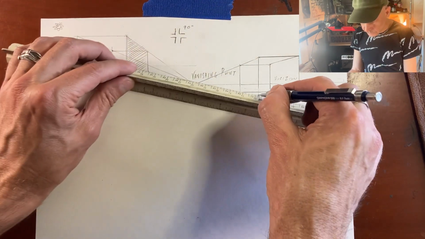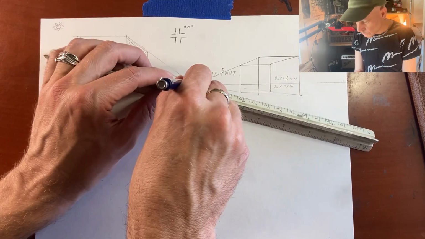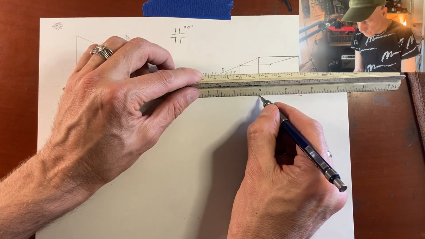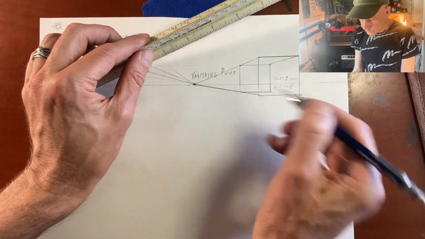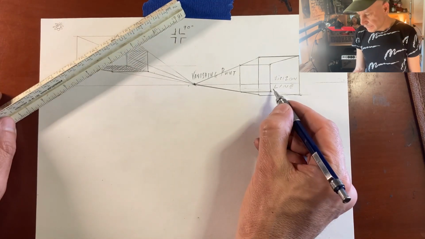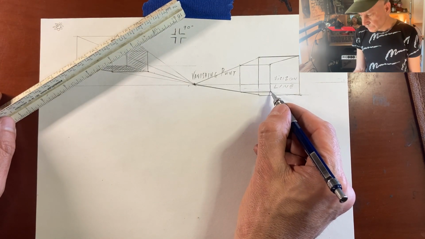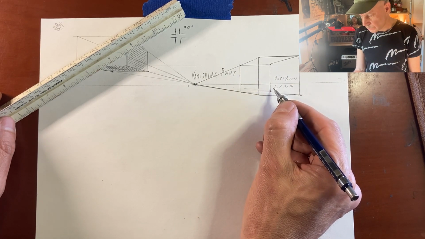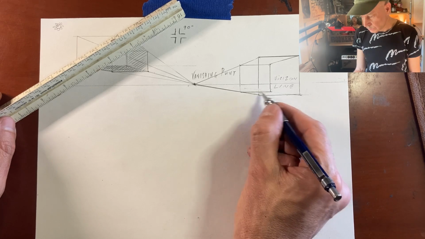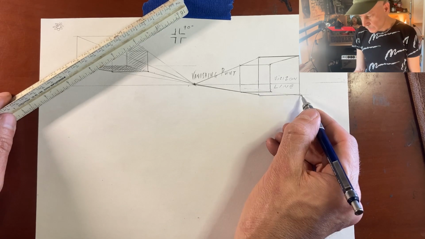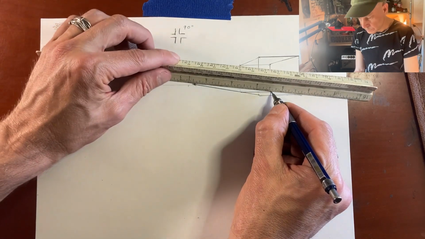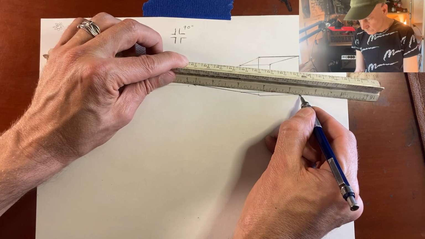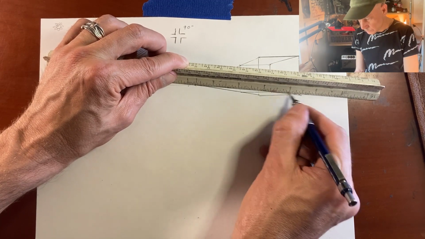All right, so now I have this vertical from the back corner of that box touching the floor of the box, and I need to run a line from here to here, and that should align with the vanishing point too. Over here, there it is.